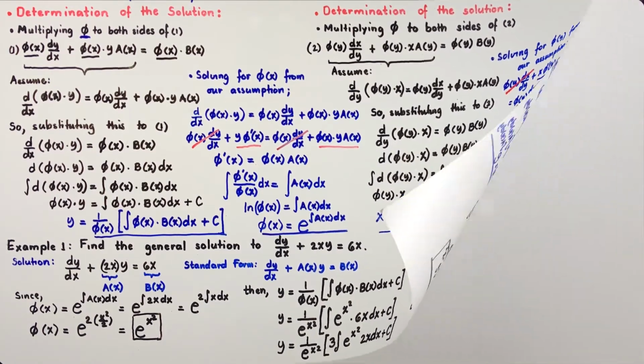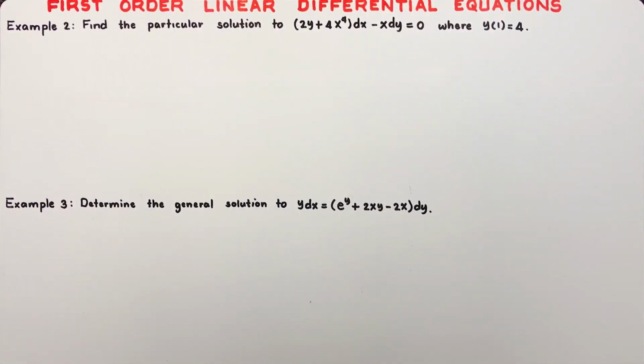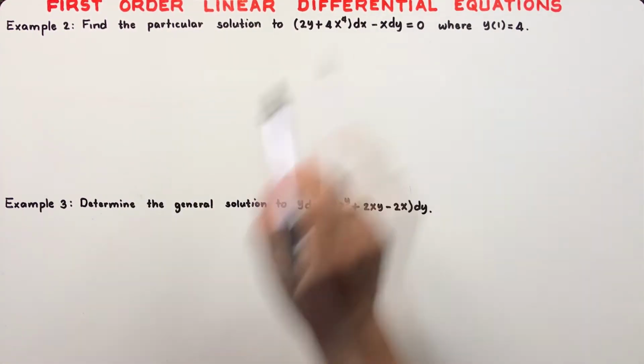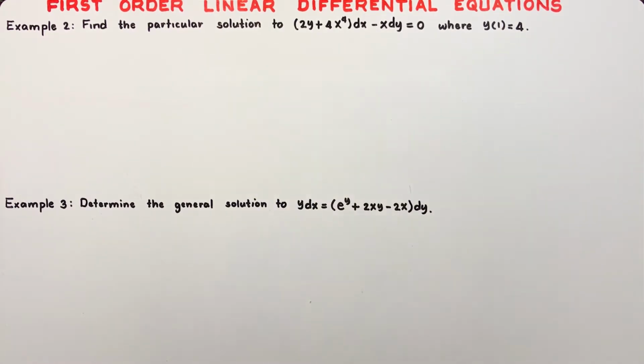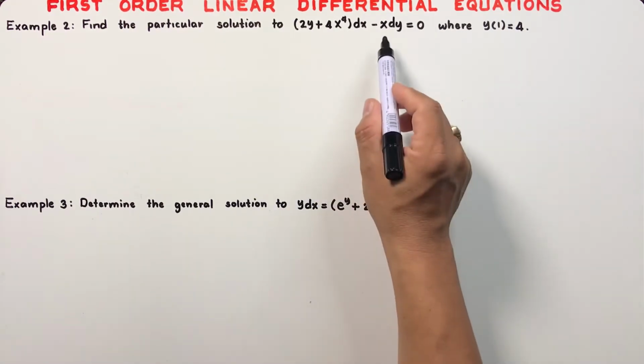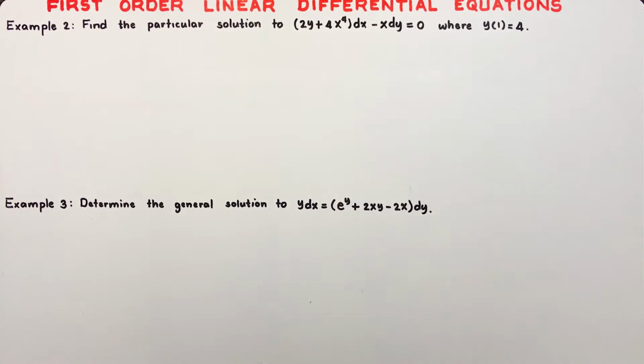Now let's proceed to our example number 2. Find the particular solution to this differential equation 2y plus 4x to the power of 4 dx minus x dy, which is equal to 0, where y of 1 is equal to 4.